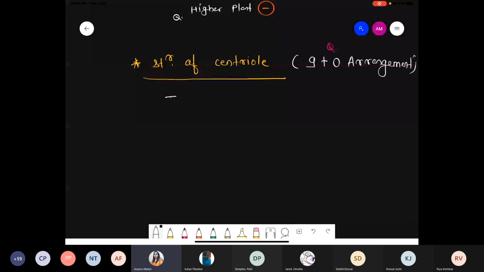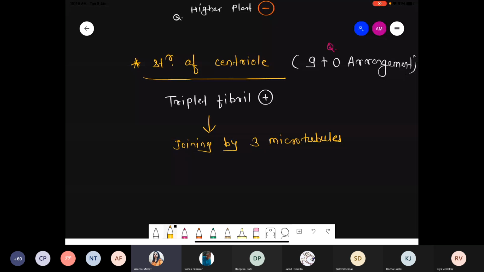And there is a presence of triplet fibrils. All such triplet fibrils are joined by three microtubules: microtubule A, microtubule B, and microtubule C. So we'll try to understand the meaning of the triplet fibril, which joins by three microtubules.